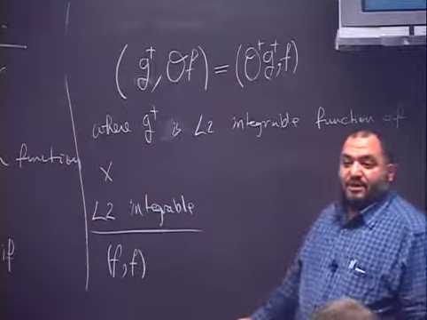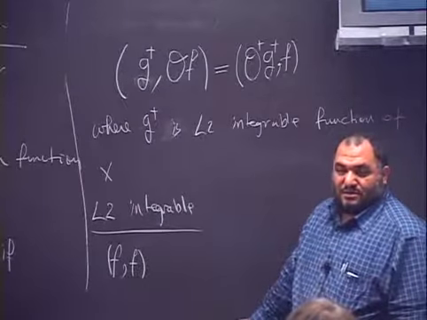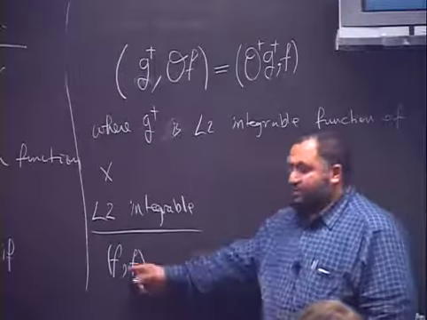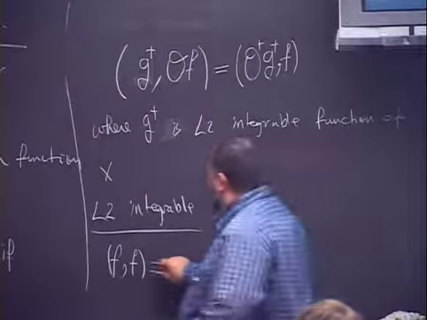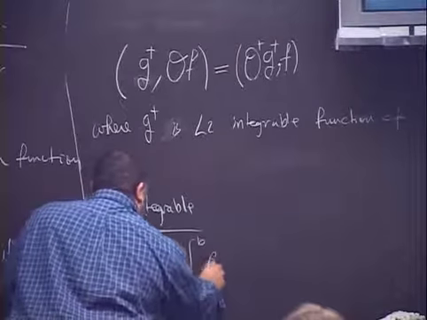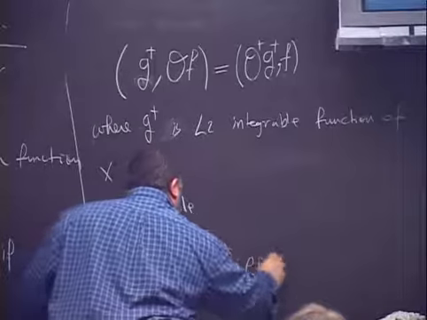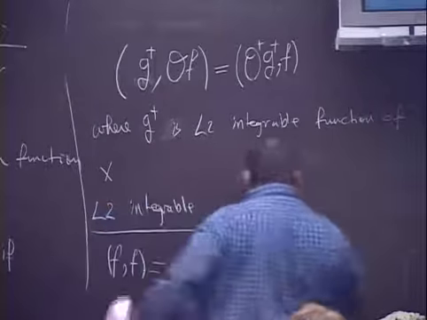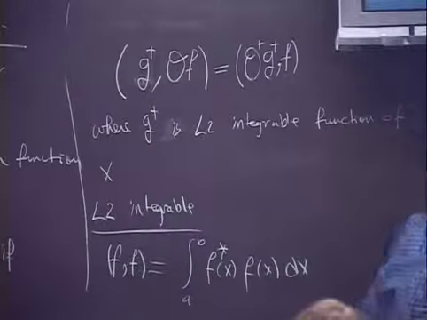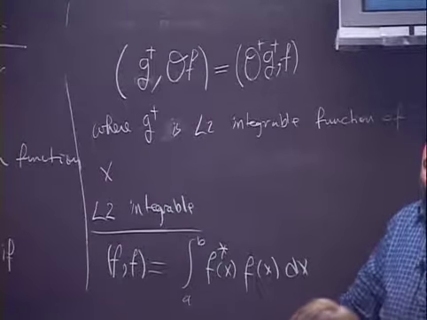If you remember, x dot x will give you what? x squared. So what if the function is a complex function? This is the definition of this inner product, the integral from a to b of f star of x multiplied by f of x dx. What do you get if you multiply a function by its complex conjugate?